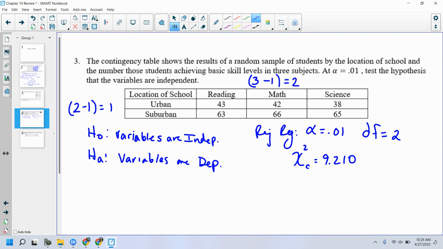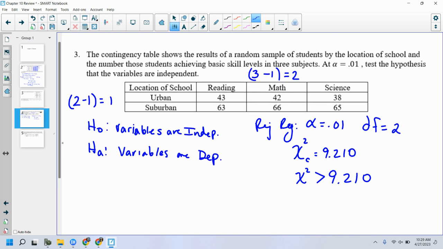So that means, again, this is a right tail test, correct? Both of these are always right tail. So if our true chi-square turns out to be greater than 9.210, we reject the claim that the variables are independent.